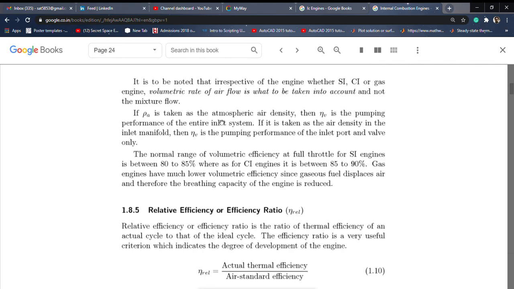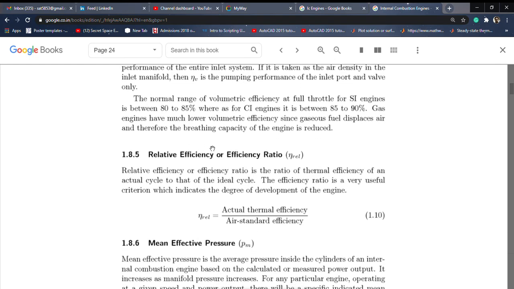If rho is taken as the atmospheric air density, then volumetric efficiency is the pumping performance of the entire inlet system. If it is taken as the air density in the inlet manifold, then volumetric efficiency is the pumping performance of the inlet port and valve only. Okay. The normal range of volumetric efficiency at full throttle for an SI engine is between 80 to 85%, and in a CI engine it is between 85 to 90%.